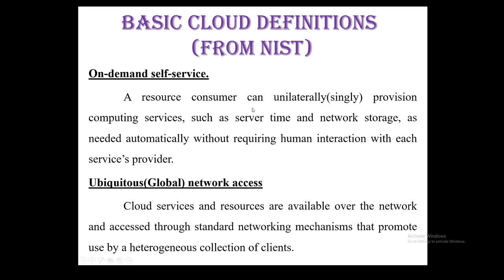So a resource consumer can unilaterally, which means singly, provision computing services such as server time and network storage as needed, automatically, without requiring human interaction with each service provider. This tells us a consumer can use the services and the server time on a particular network, and they can run it automatically without any human interaction.